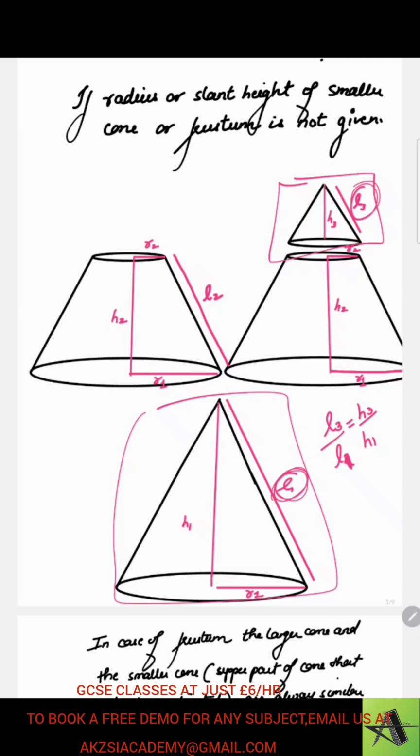Now I can divide the vertical height, so H3 over H1, and now the corresponding radius, so R2 over R1. So you can use these ratios to find the missing side. So let me do one question regarding it.